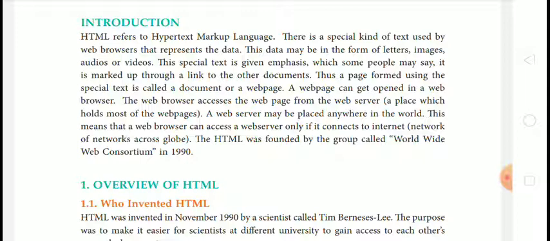This special text is given emphasis, which some people may say is marked up through a link to other documents. Thus, a page formed using the special text is called a document or a web page.